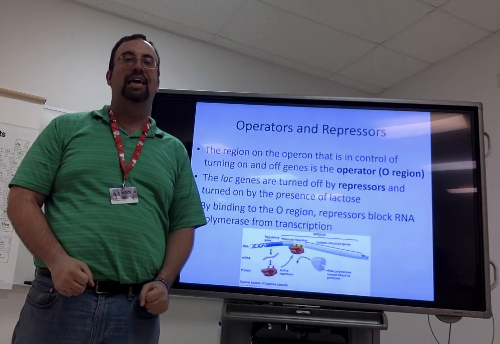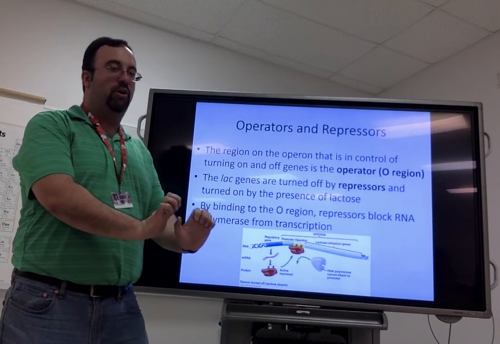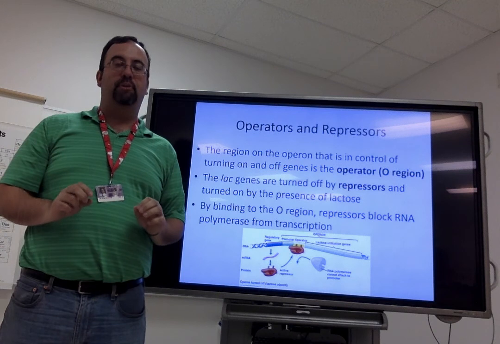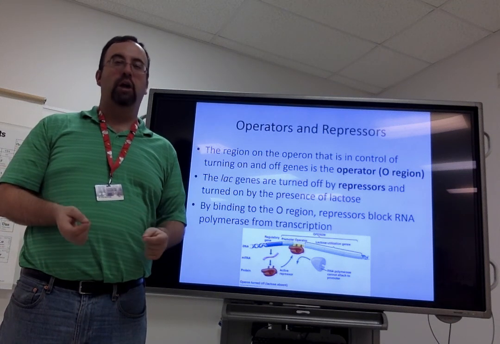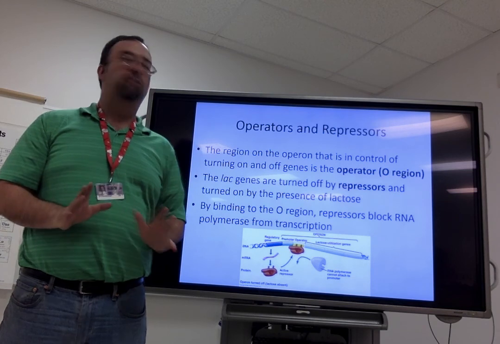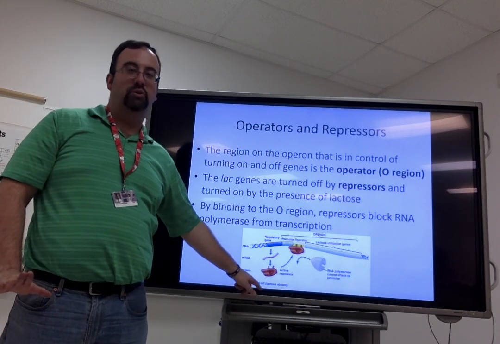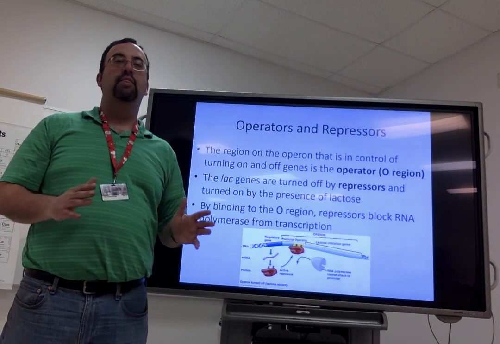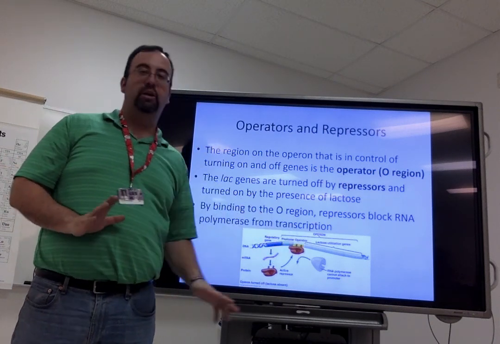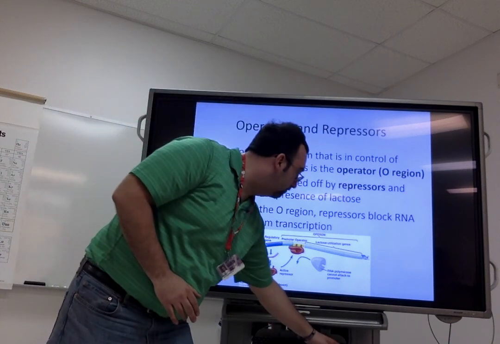It actually acts as a physical barrier to keep the RNA polymerase from doing its job, which is transcribing the DNA to RNA. So notice this is in the case when there is no lactose. Therefore the repressor can bind to the operator, and these genes will not be transcribed.